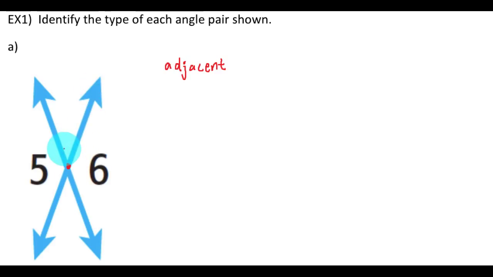The adjacent angles with this ray would be angle 6 here and the one adjacent to it, next to it. And there are other pairs of adjacent angles within the same diagram. Another one would be angle 5 and the one that's adjacent to it here.